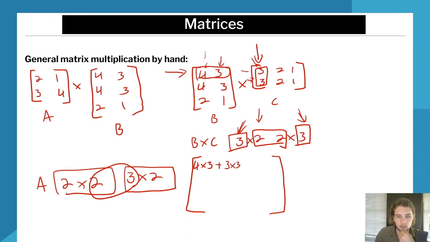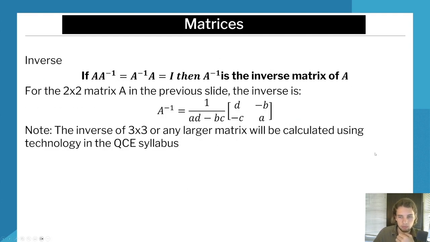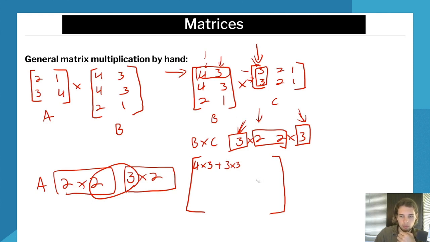So now, we're probably going to need a little bit more space. Let's look at column 2, row 1. So to do this, we multiply row 1, column 2.